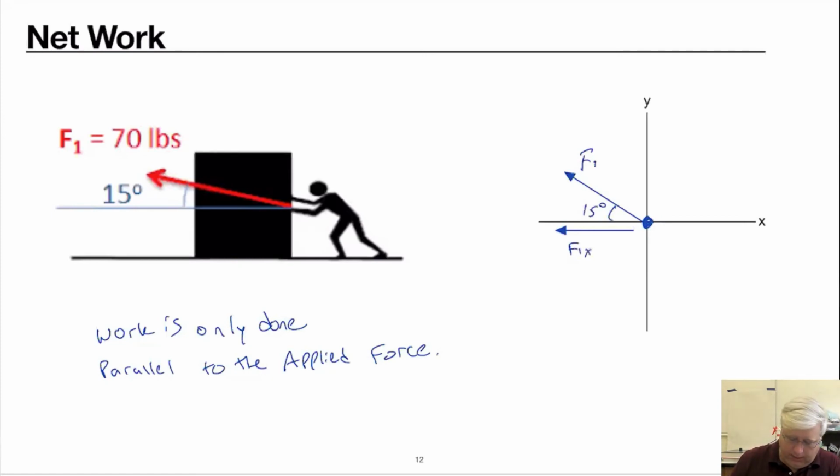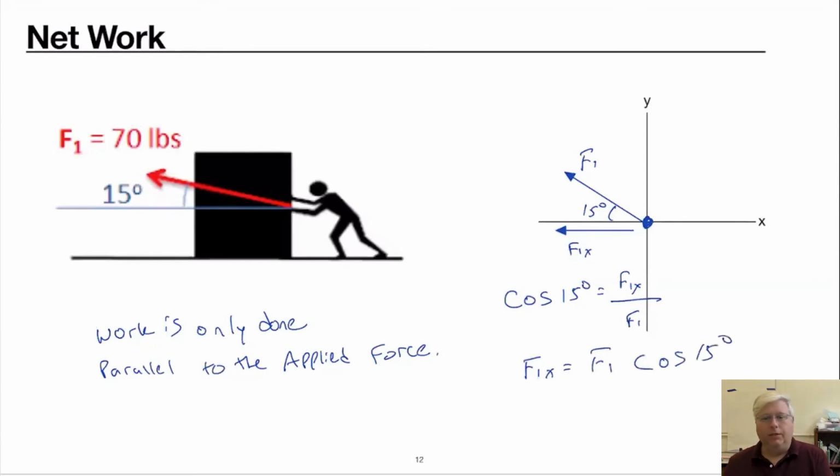And we know that if we do cosine of the angle, it's going to equal adjacent over hypotenuse. And so that x component is just going to be F1 times the cosine of 15 degrees.